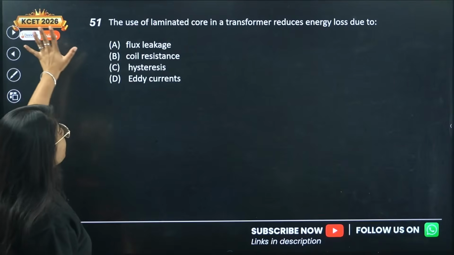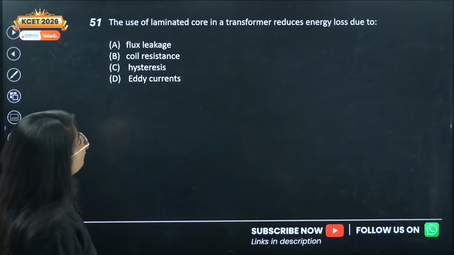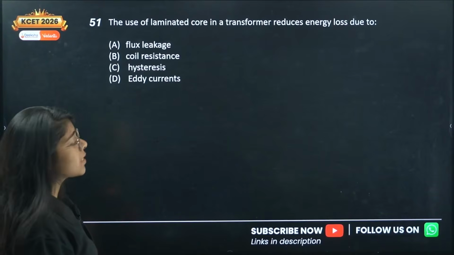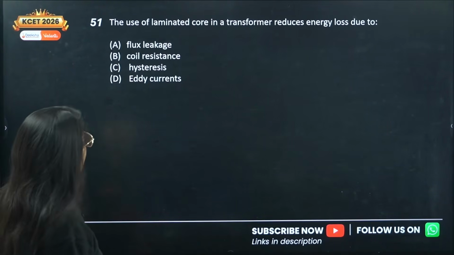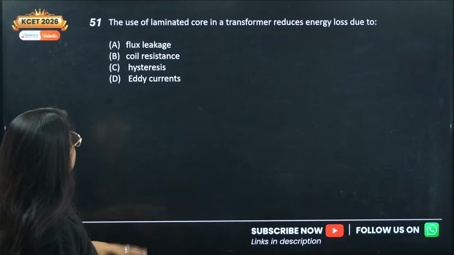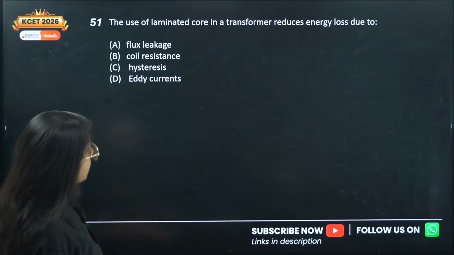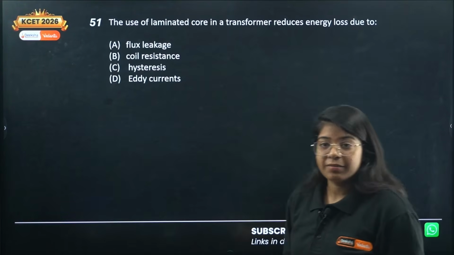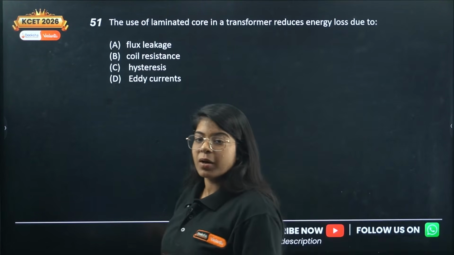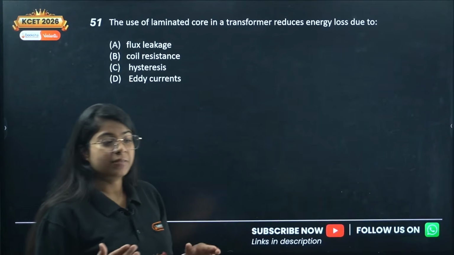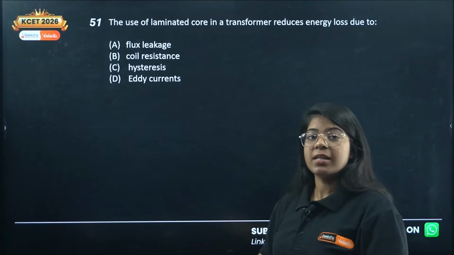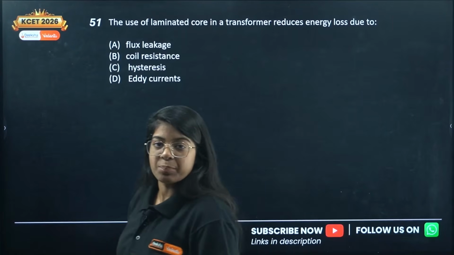Okay, 51st question says, the use of laminated core in a transformer reduces energy loss due to flux leakage, coil resistance, hysteresis or eddy currents. Now, whenever there is a change in magnetic flux inside a transformer, it produces eddy currents. And eddy currents are the reason why energy loss happens.